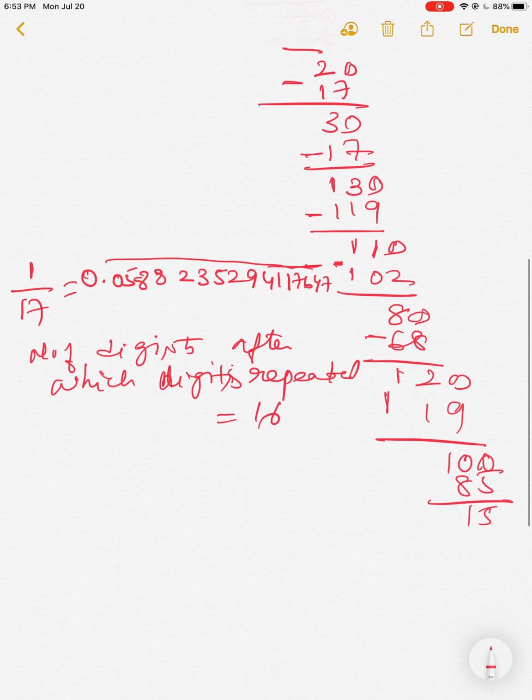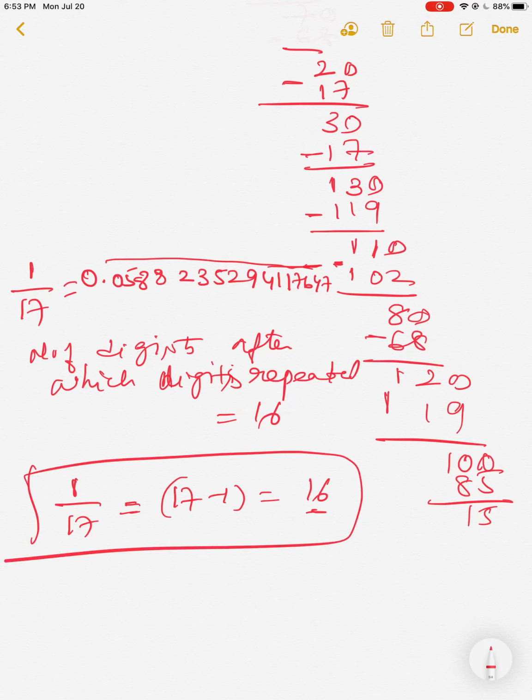Okay, supposing 1 upon 17 is there. Then you can write in short form, 17 minus 1 is equal to 16. You will be getting the number of digits in short form here. Here it is asked, you have to represent the long division also. What we have done.